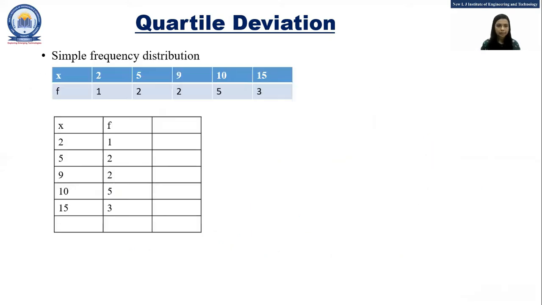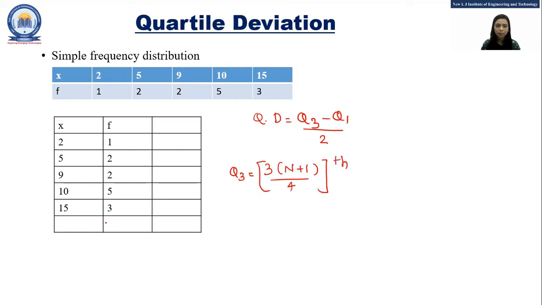Now moving to the next example. It is given that x is 2, 5, 9, 10, 15 and f is 1, 2, 2, 5 and 3. To find the quartile deviation, that is Q3 minus Q1 divided by 2, and Q3 is equal to 3 into (n plus 1) divided by 4th term, where n is equal to sigma f, which is equal to 30.